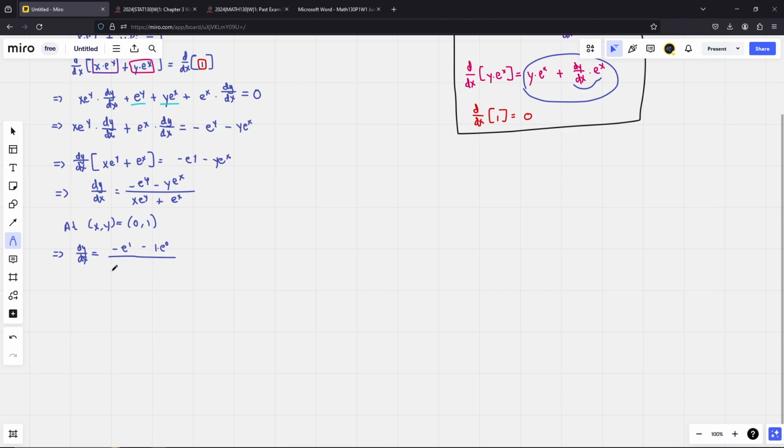That's going to be all over 0 multiplied by e to the 1 plus e to the 0.